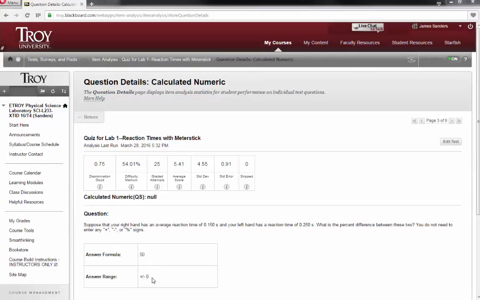In this case, I put plus or minus 0 because here there's no room for you to make a round off error. You either did this right and you got 50, or you did it wrong and you got something other than 50. Usually I have some round off error allowance because usually the numbers don't work out quite this nicely, but every once in a while this happens.